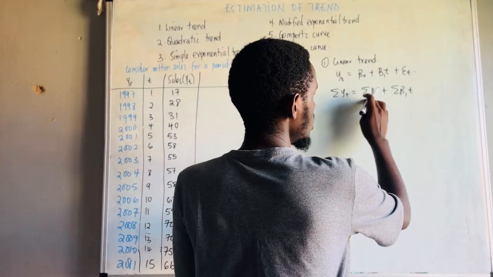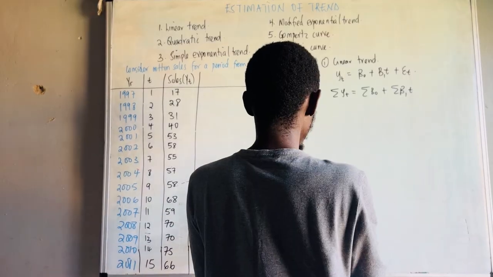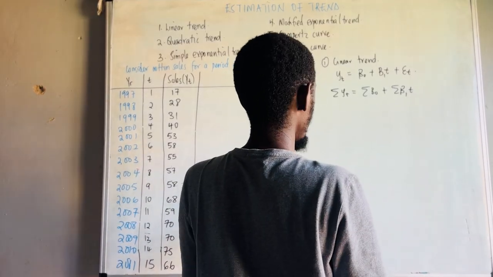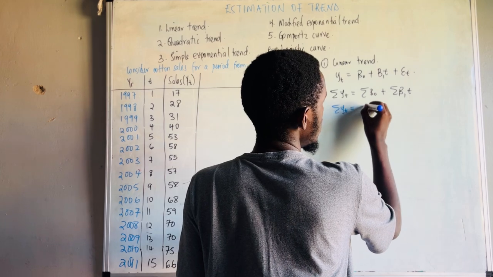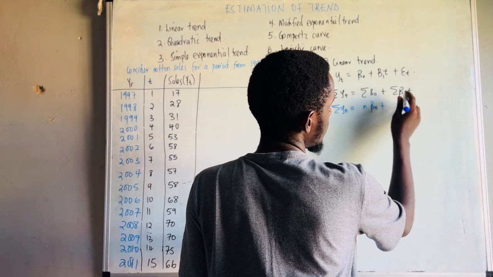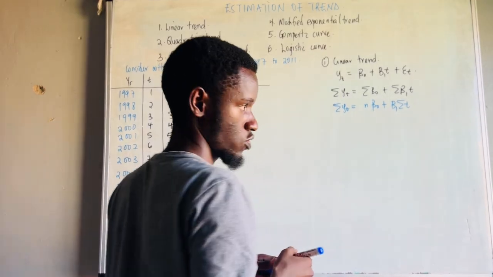Having the constant is the same as having n times that constant. Therefore, I'm going to have summation Y_t equals n beta naught plus beta 1, which is a constant, times summation t, and that's the first equation.